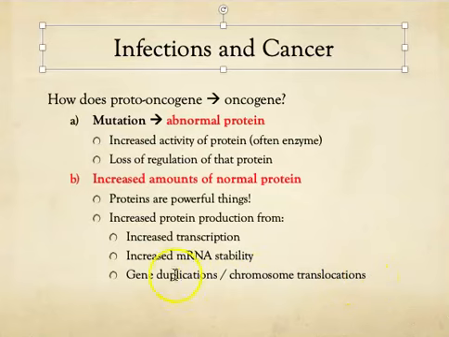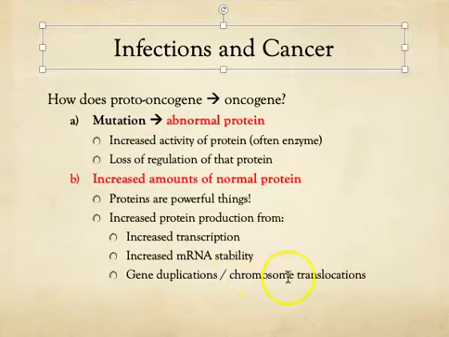These are severe mutations that are not changing the order of the bases, but they're changing how much protein is being produced. If you duplicate a gene, you now have 2 copies of a normal gene. And that doubling of the gene is going to lead to a doubling of the protein made from that gene.